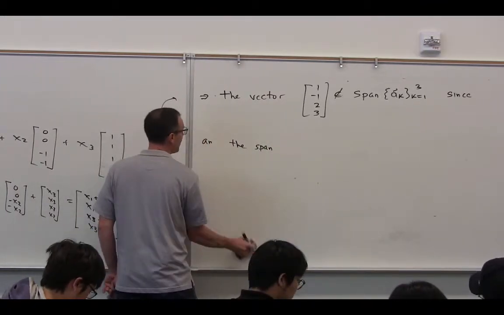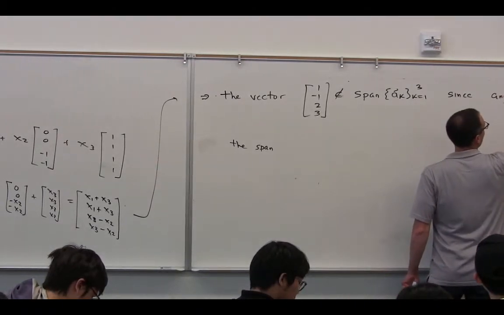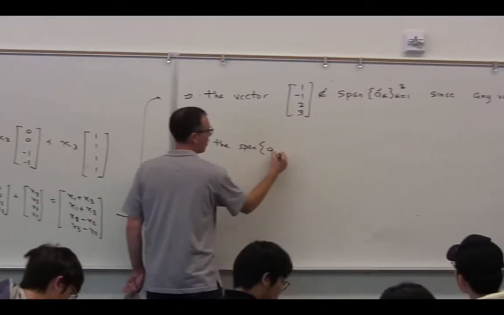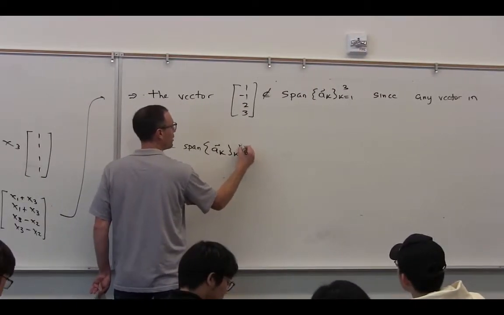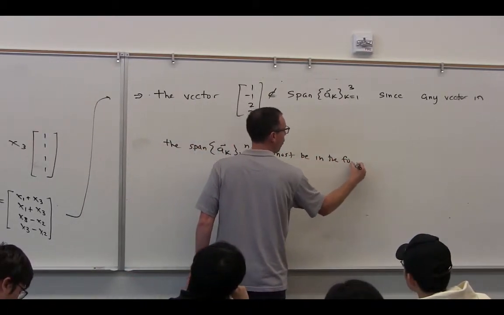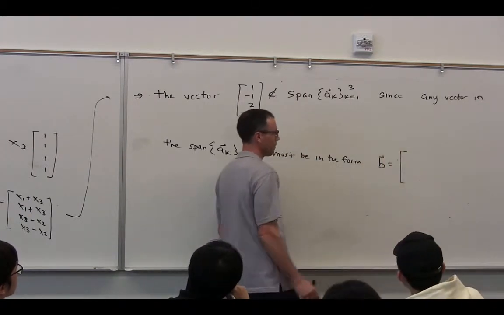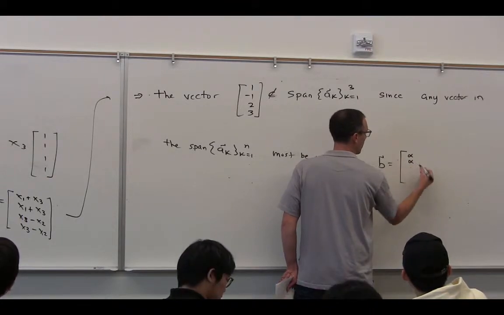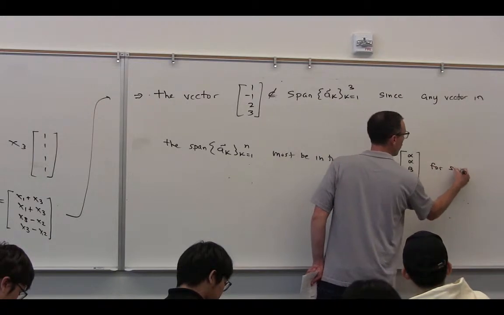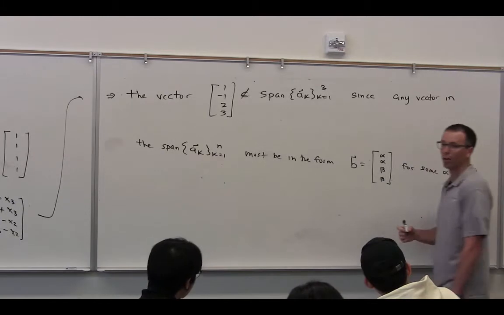Since any vector in the span of AK from K goes from 1 to N must be in the form, what does any vector look like? x1 plus x3. Maybe we'll call them alpha and beta, for some alpha and beta element of R.